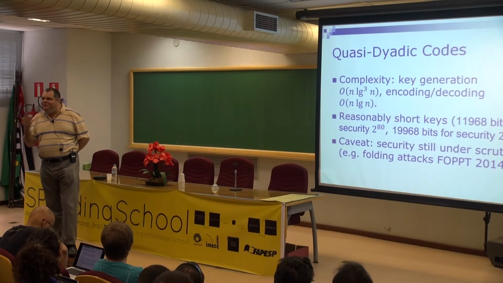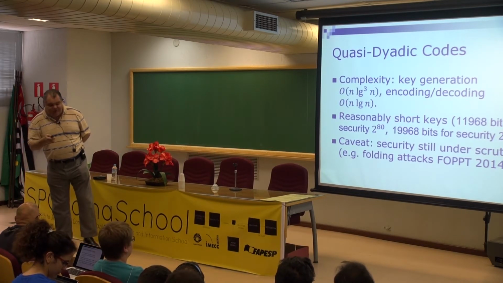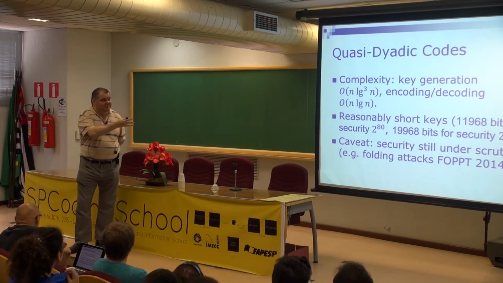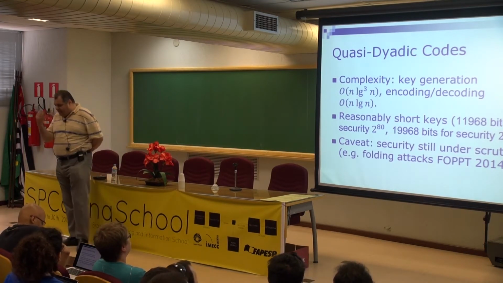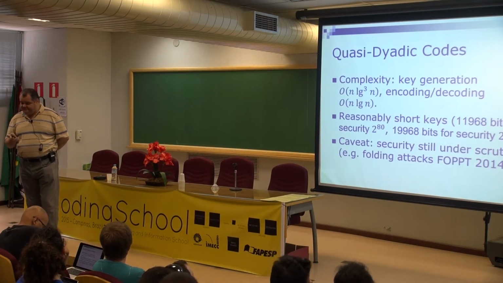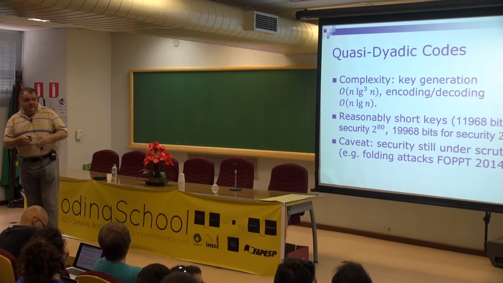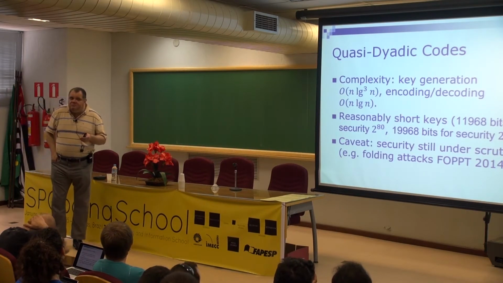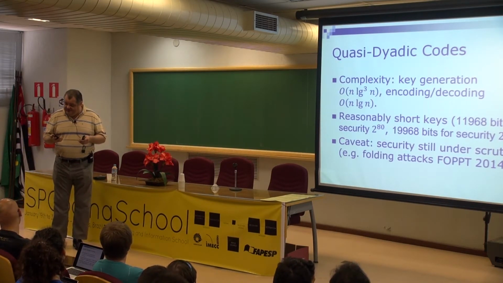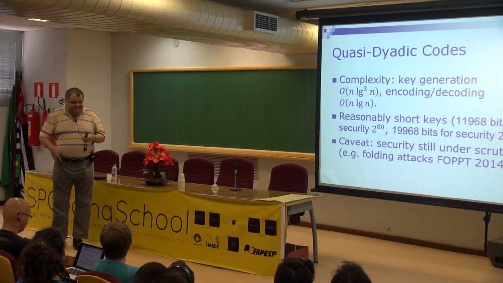We don't reduce them as we would like to. But it's possible to impose some kind of symmetry to obtain shorter keys. And we are still dealing with Goppa codes, a family of codes that has interesting security properties. Okay.